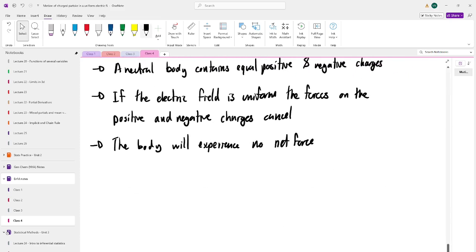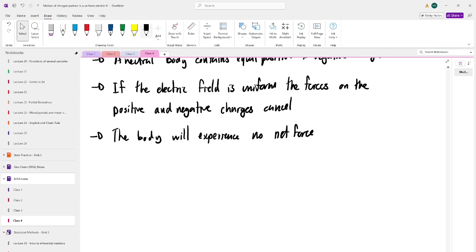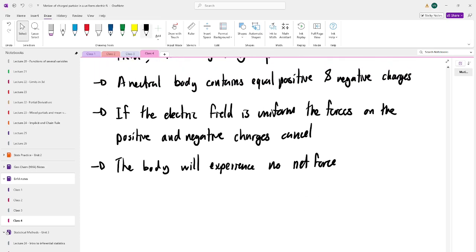So, what we normally consider is the case of an electric dipole. So, let me define that.